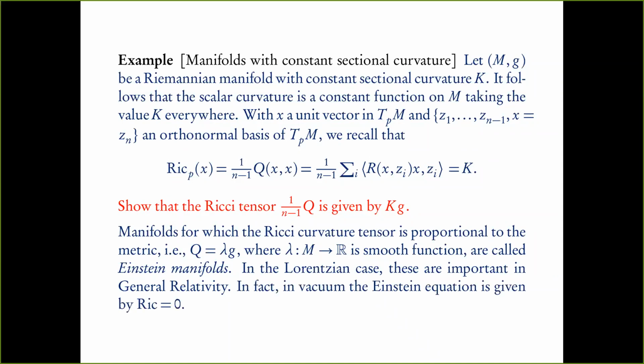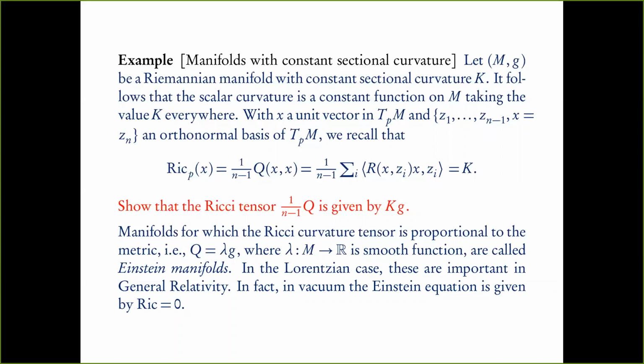For those who have seen these things in physics or know a bit about GR, in vacuum, when you're trying to solve the Einstein equation, this is simply given by the Ricci curvature equal to 0. That essentially is asking you to solve for q equal to 0, because the Ricci curvature is nothing but 1 over n minus 1 q.